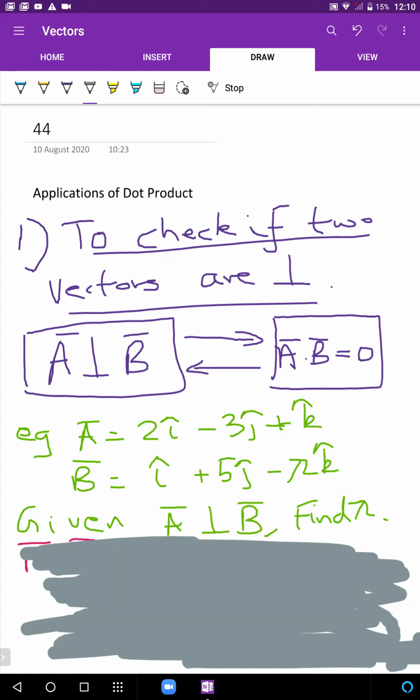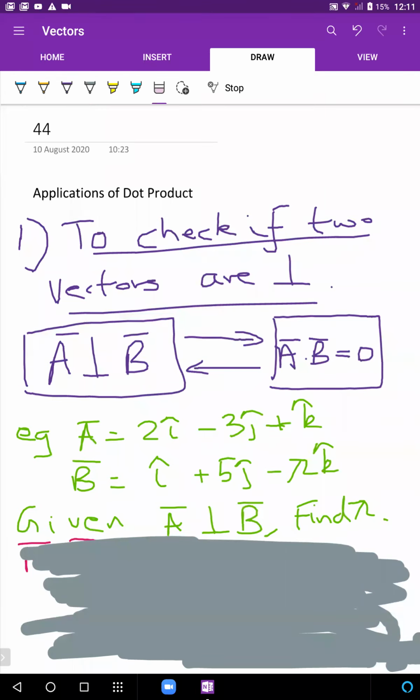Vedika, just give me a second, I'll just be back. Yeah, Sanika, Varun, cool. The answer is minus 13, not plus 13, minus 13.